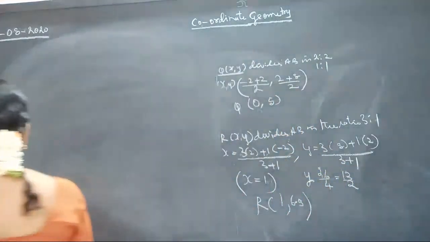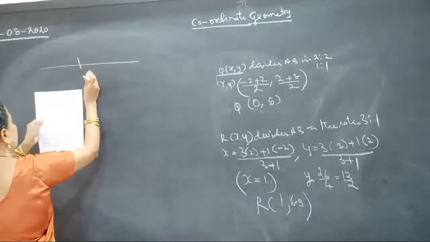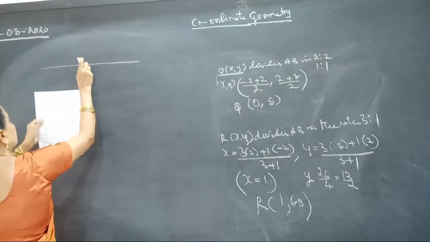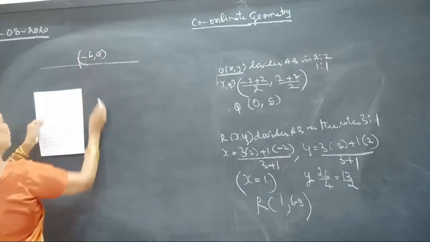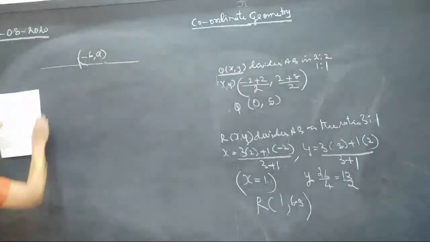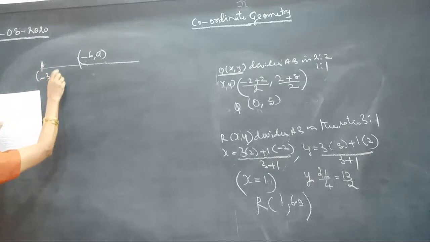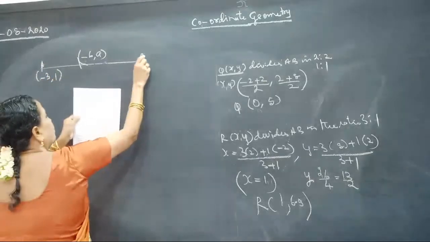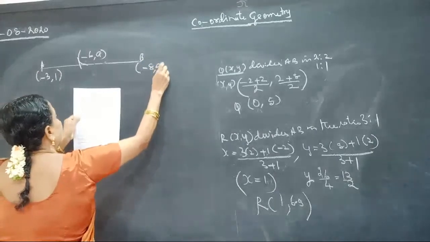Determine the ratio in which the join of minus 6 comma a divides the join of point A minus 3 comma 1 and B minus 8 comma 9.